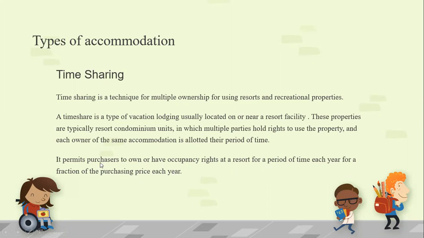So it means the purchaser can stay at a resort, but the time in which he will stay at the resort will be pre-decided, and you don't have to pay an amount for every year. Rather, you can pay the whole amount once, and then you can enjoy the fraction of your purchasing price each year.